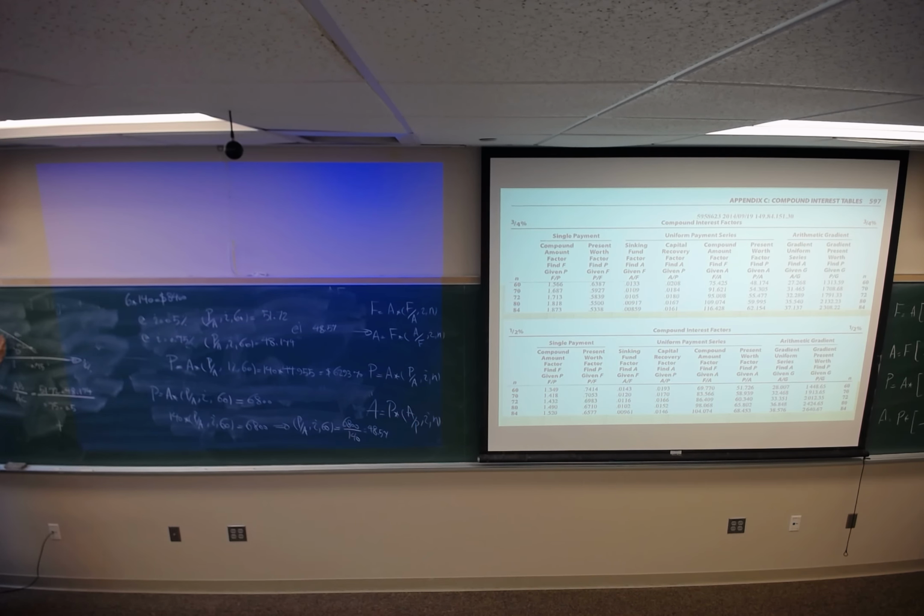This angle also has the value of alpha. These two are the same because these two lines are parallel and this line is crossing them. So this angle is equal to this angle. The tangent of this angle is BF divided by FE. BF is going to be 51.72 minus your desired value, which is 48.57.